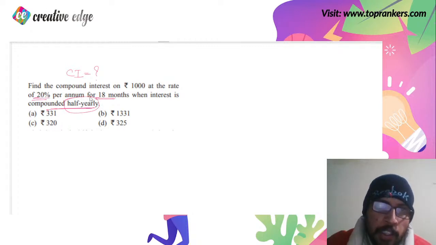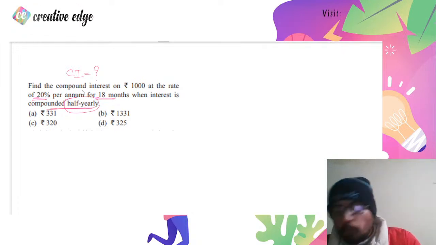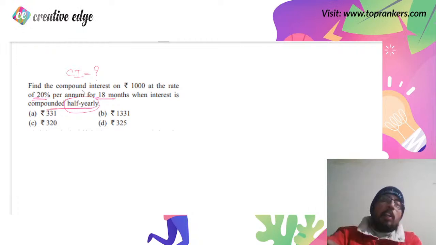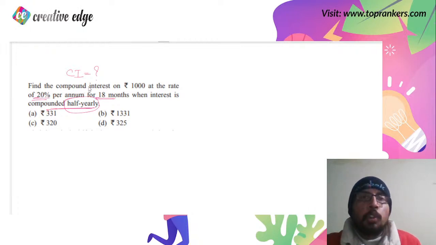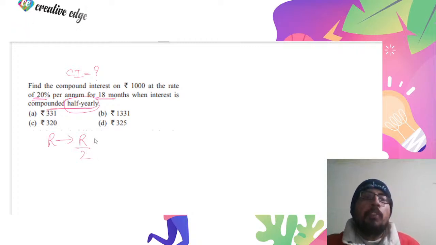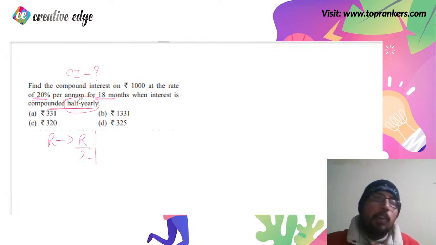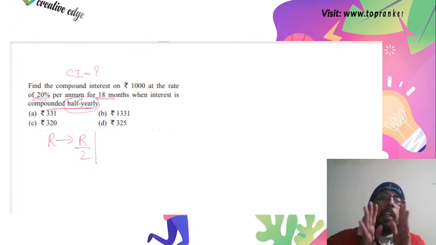If you have to find compound interest half yearly, the first step is that you reduce your rate to half. What does half yearly mean? It means that you have to pay interest after every 6 months. So you have in total 18 months.